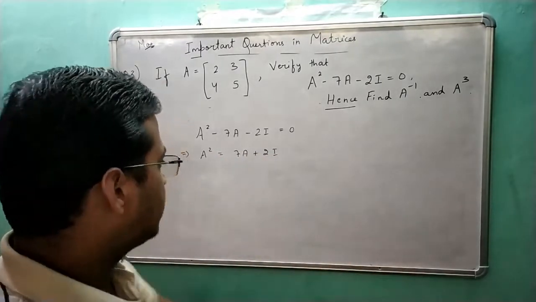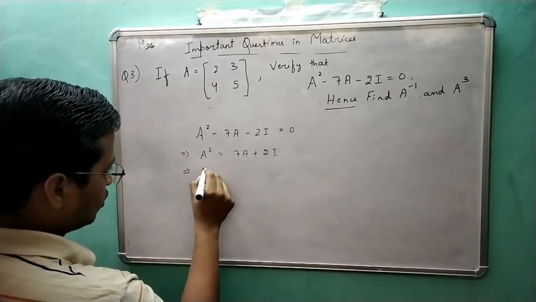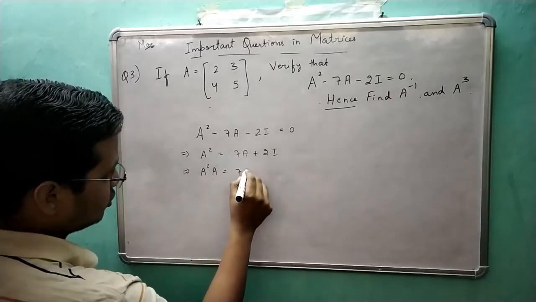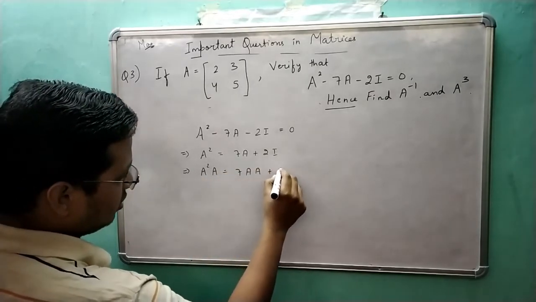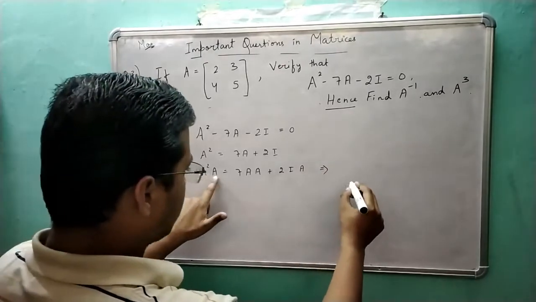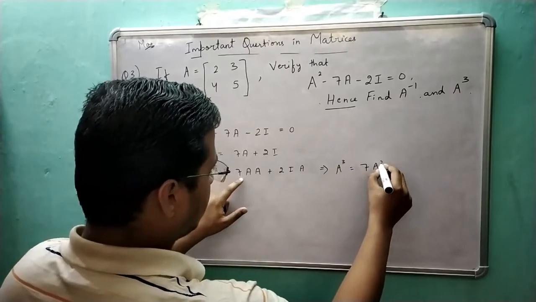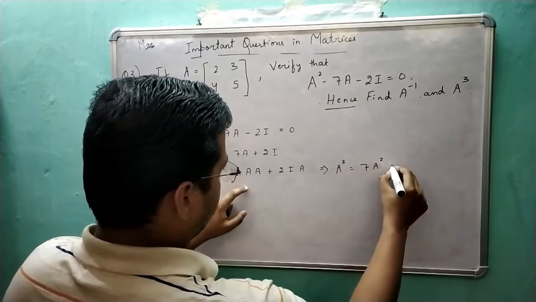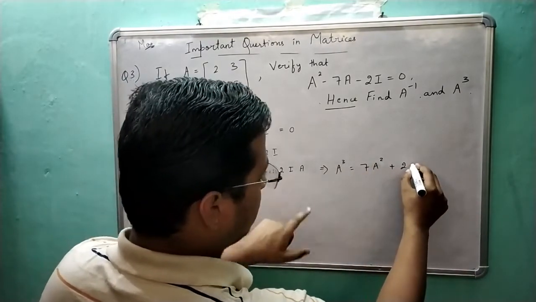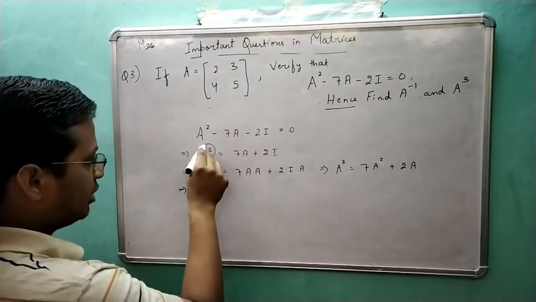Alright. Now let us multiply A to both sides. So A square into A is equal to 7 into A plus 2 into I into A. So A square into A becomes A cube, which is equal to 7 into A square plus 2 into I into A, which is A.